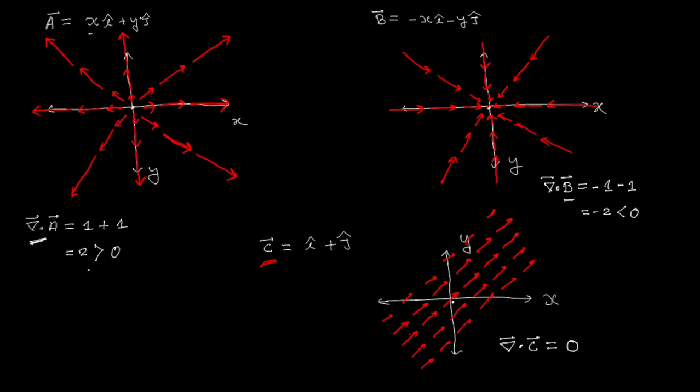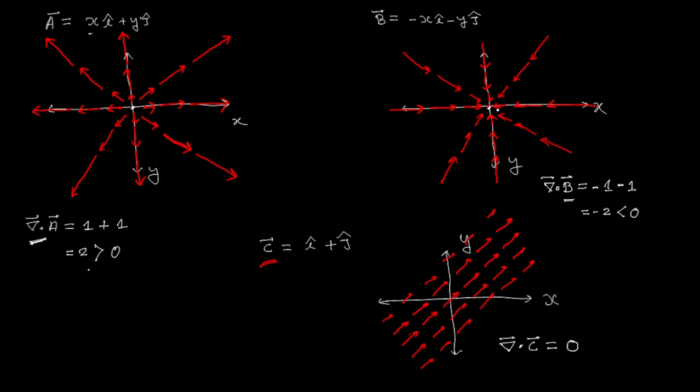And if you take a look at the nature of this vector field, in this case you can see that it neither converges nor diverges. Okay. So from here what can we understand? If the divergence of a vector field is greater than 0, then it will look like the vector field is diverging from a source region.